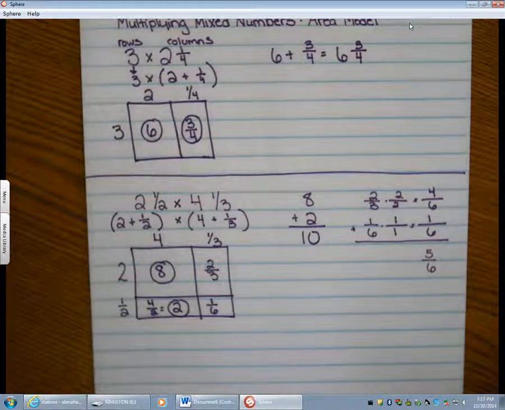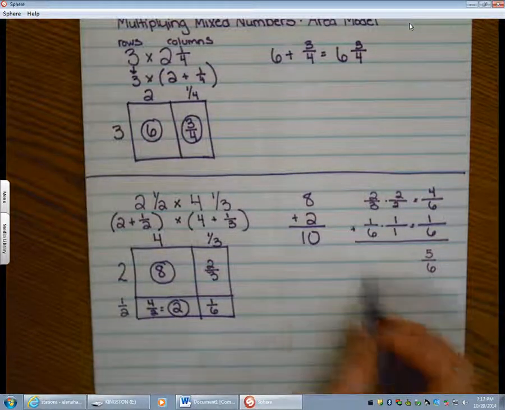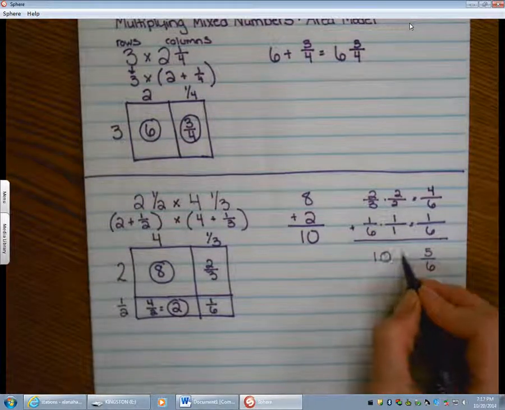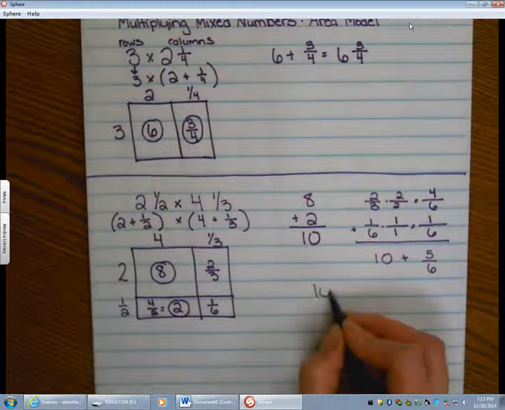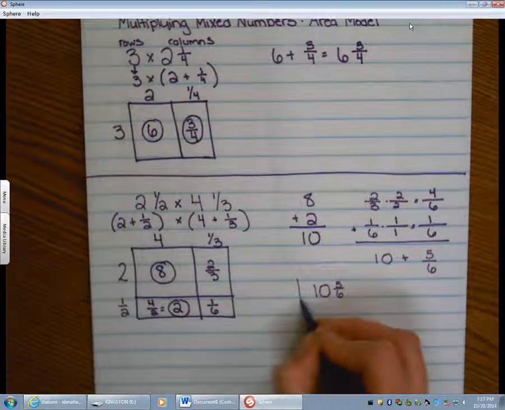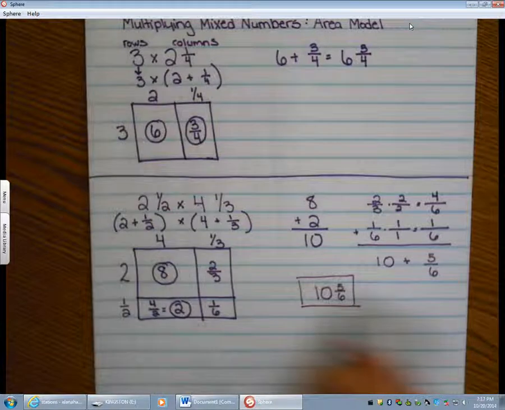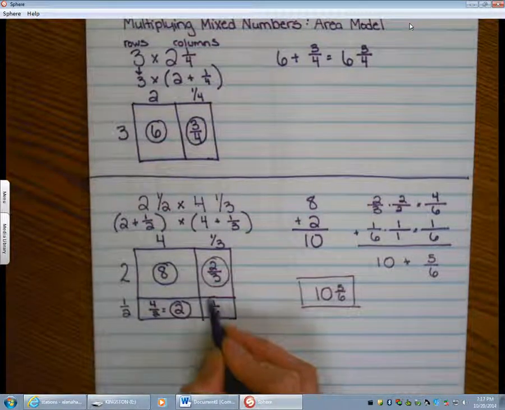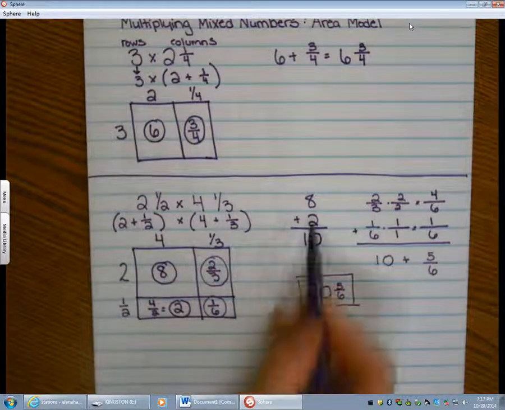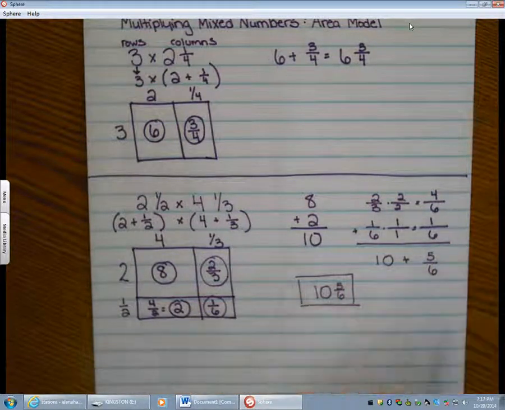So now I put my two parts of my answer together, which would be 10 plus my 5/6, and my final answer is 10 and 5/6. So all I've done here is add each of the partial products together. Here I added my two whole numbers, then I added my two fractional parts.